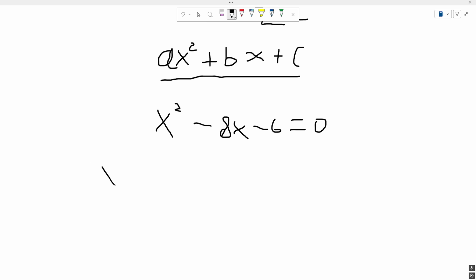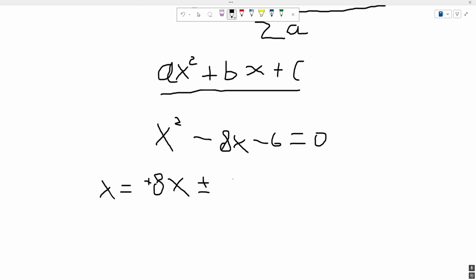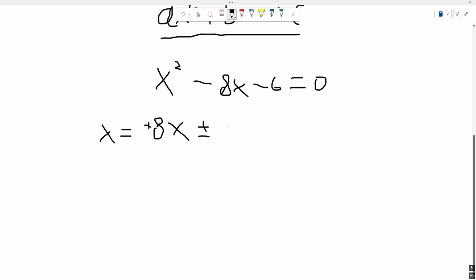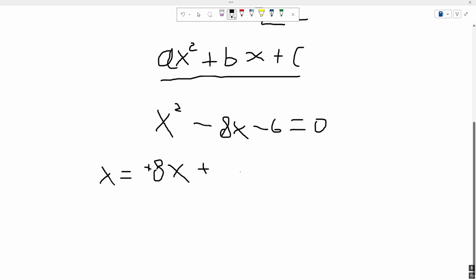So we have x equals negative b, so negative times a negative will be a positive 8, plus or minus. Now, it asks us for the positive solution, so we actually won't include the minus.